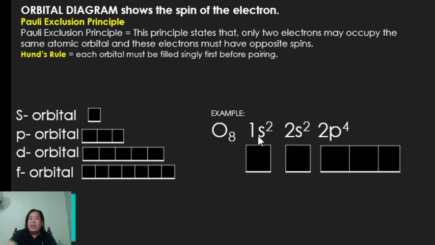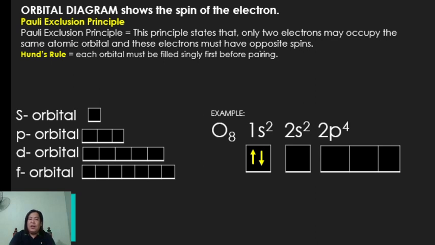So, in the 1s orbital, the first 2 entering electrons are in the 1s2 orbital. 1 and 2, the first 2. The electrons of 1s2 are represented as arrow up and then arrow down. It has to be a pair, and the representation of the opposite spin is the orientation of the arrow, the up and the down orientation.